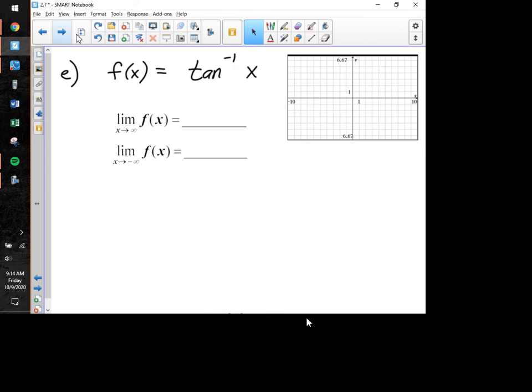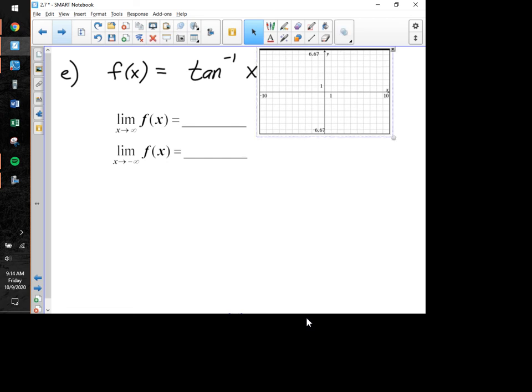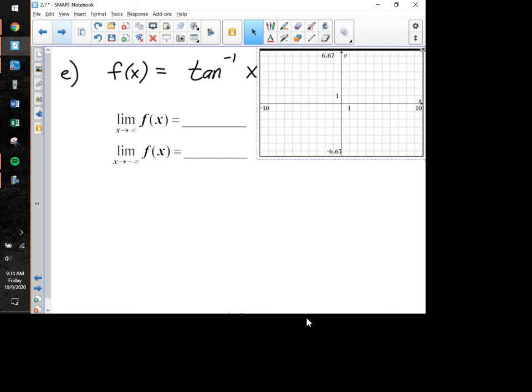All right, speaking of tangent graphs, which I mentioned just a second ago, let's play around with inverse tangent for just a second. And there's a reason that I'm giving you this here, and let's see what we remember. Okay, real quick here in green, if we recall what the graph of y equals tangent of x looks like, it's got a vertical asymptote at pi over 2, which is roughly 1.5.